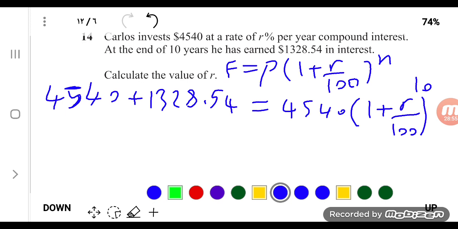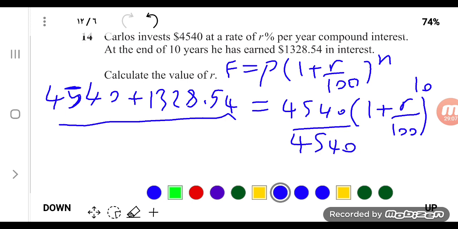Next step, I will divide both sides of the equation by this amount. So if you divide here and here by 4540, you can cancel this and this.